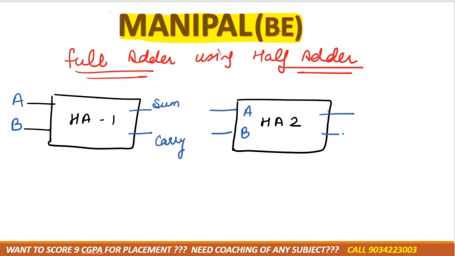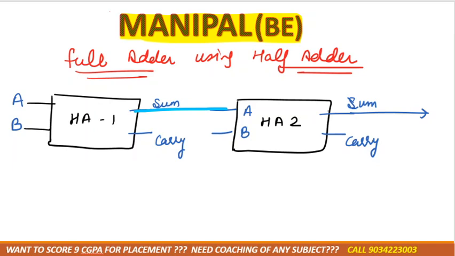Similarly, half adder 2 will have two outputs, one sum and one carry, correct? Now see how we can connect these two. The output of the sum of the first half adder will become the input of the next half adder.